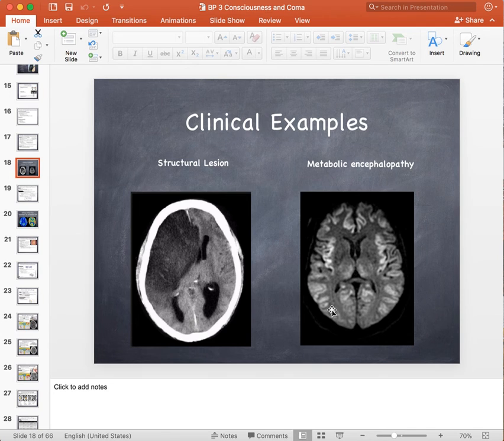Conversely, we would not expect focal findings on the examination for someone who has metabolic encephalopathy, and this is an example of hepatic encephalopathy. When the liver isn't functioning properly, it doesn't clear out all the false neurotransmitters, and so you end up with a cortex that's not working.